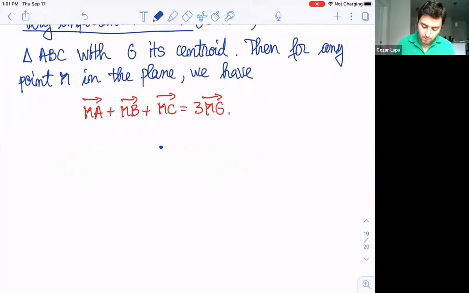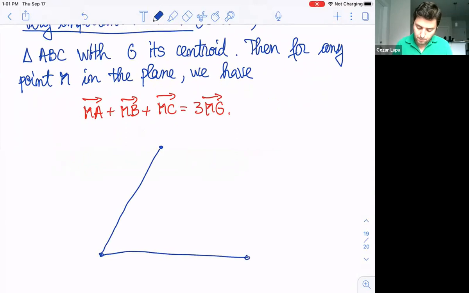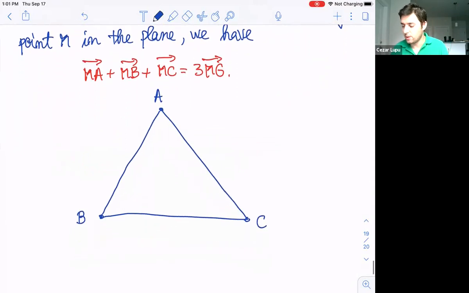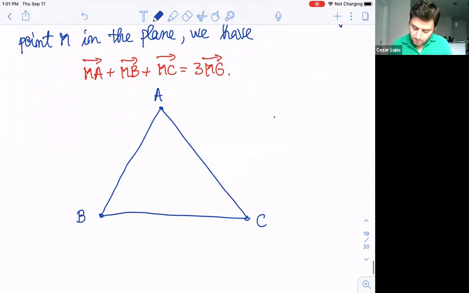And in fact, maybe I should do the proof of this, because this is important in applications, on how to see how to solve different problems. So let me put M here, right?